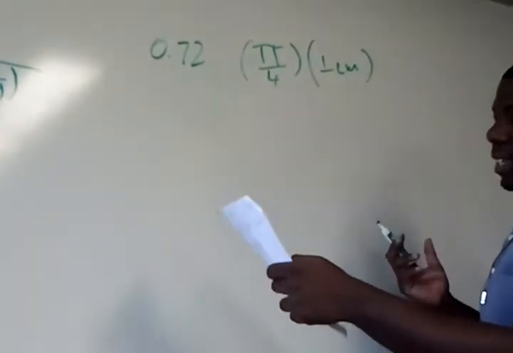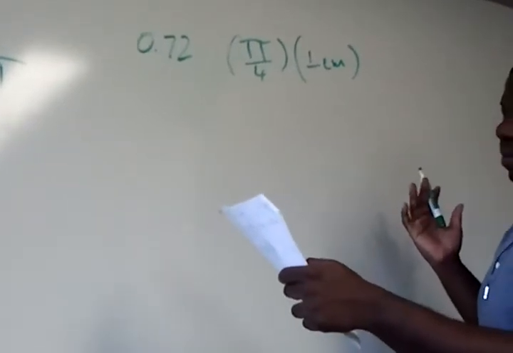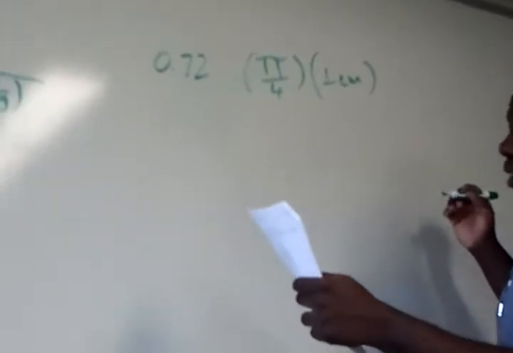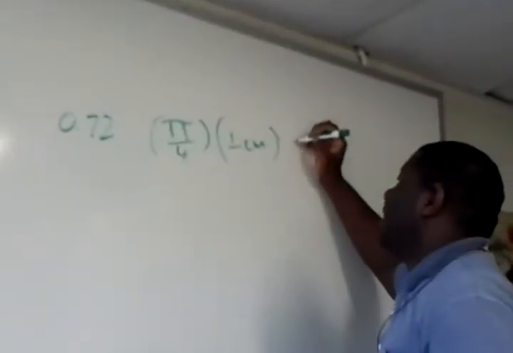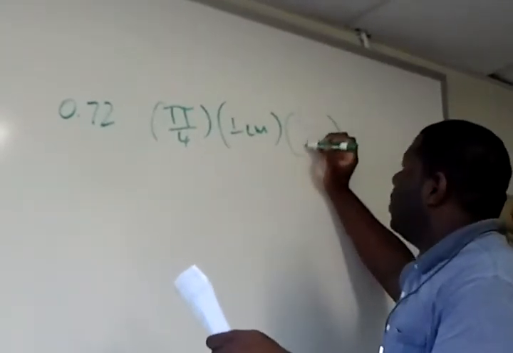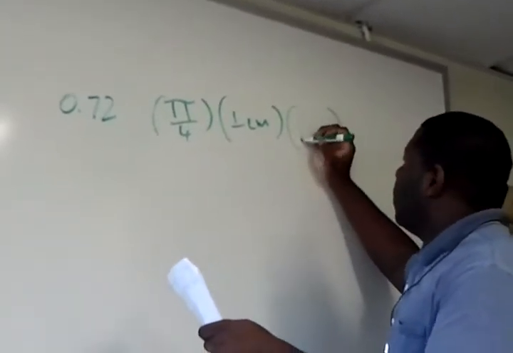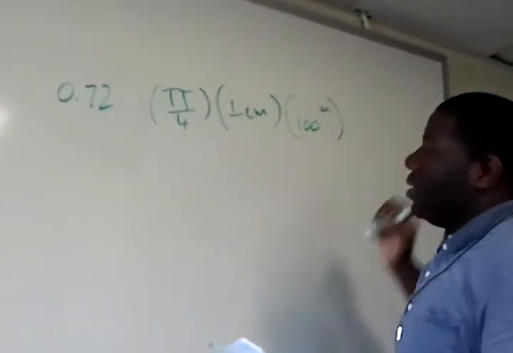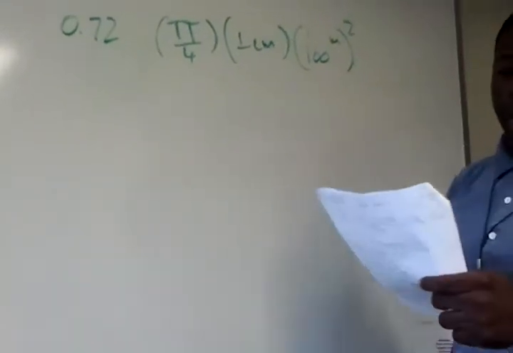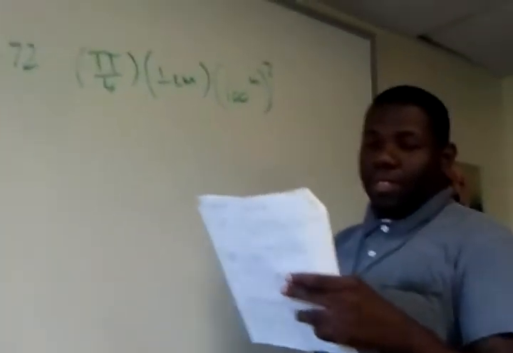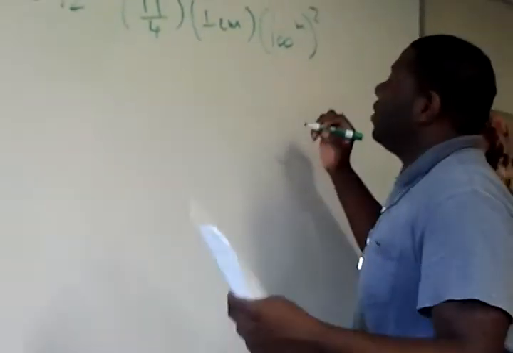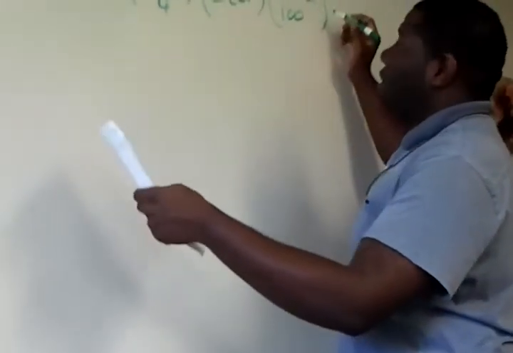The only way I can get the true size of the jet's flow is to take 1 centimeter and multiply it by 1 over 100 meters, squared. Okay. And we're doing engineering, so don't forget your units.